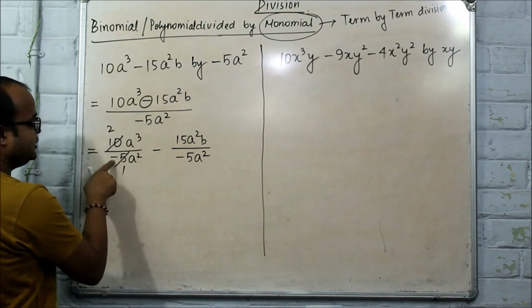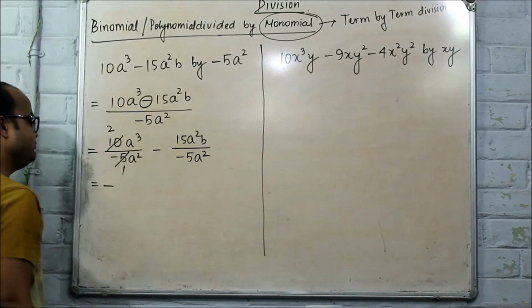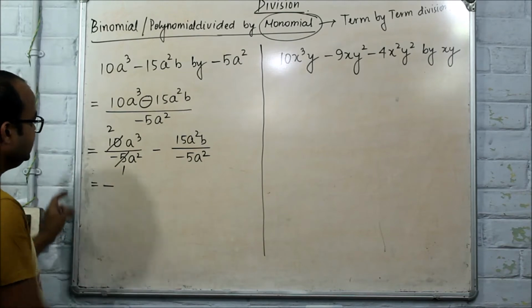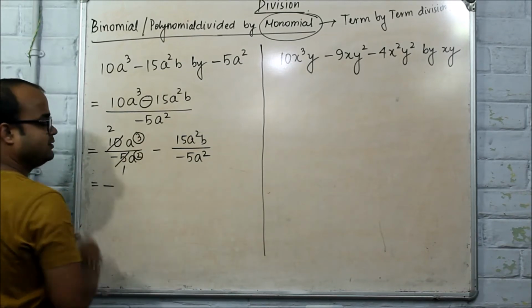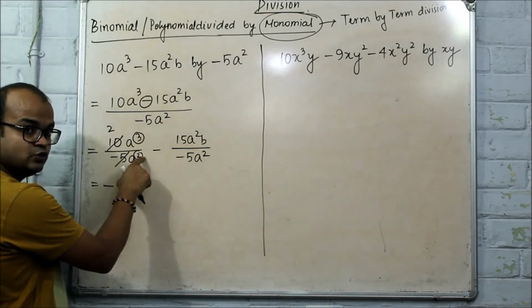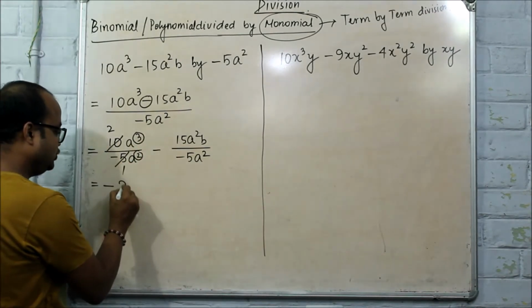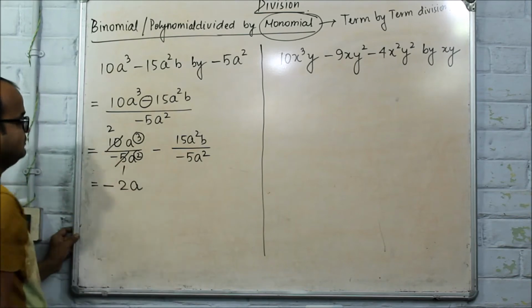Numerator plus sign, denominator minus sign, so the ultimate sign will be minus. A to the power 3 by a square: 3 minus 2 is 1, so we write 2a.